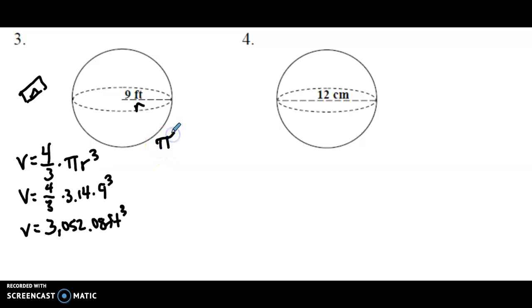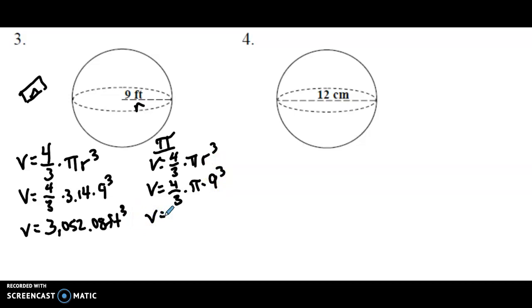We're going to do the same thing we did before. We're going to do it in terms of pi as well. So V equals 4/3 times pi r to the third power. So 4/3, leave pi as a symbol, and 9 was our radius to the third power.